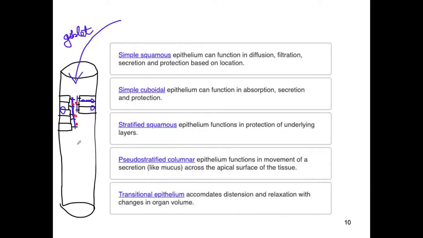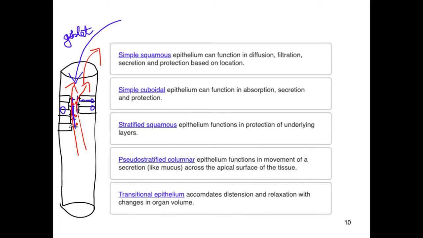And don't forget that the cilia are going to be beating rhythmically in this direction, both of them. So when you get stuff that gets stuck here, you can cough it up and outward.